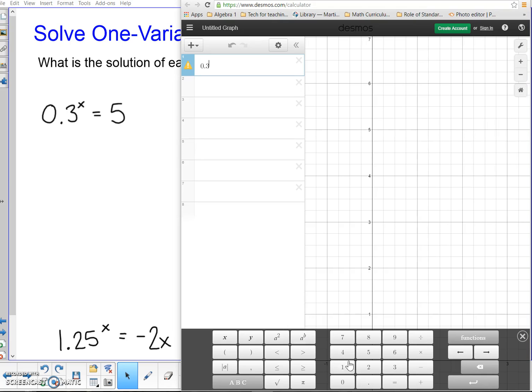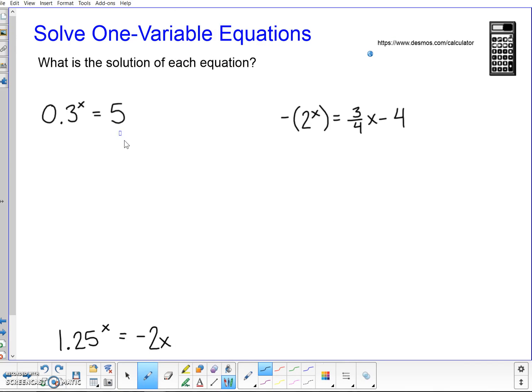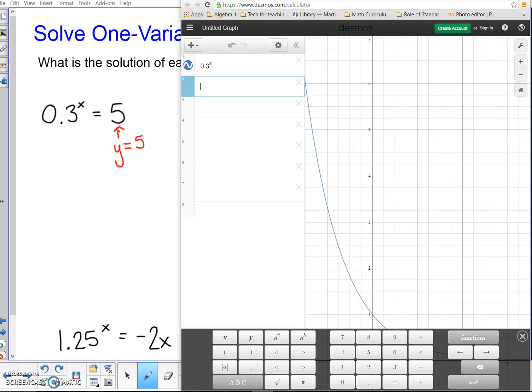It makes your exponent, so to the x. Okay, and then when you see just a number here for the second equation, the graphing calculator is confused by that. So what you want to do is type in y equals 5, because we want the horizontal line. Okay, y equals 5. So just use the letters here, y equals 5, and it'll give you that little range thing, but don't worry about that.